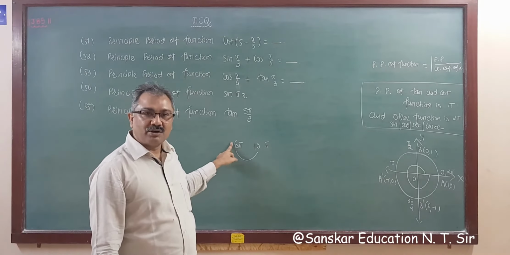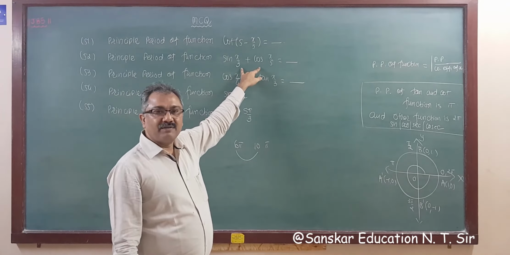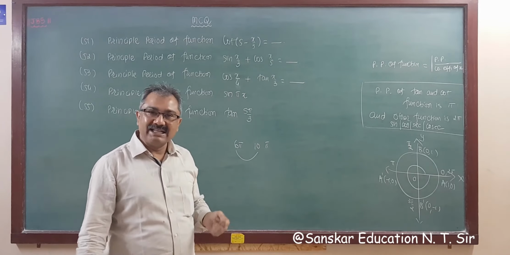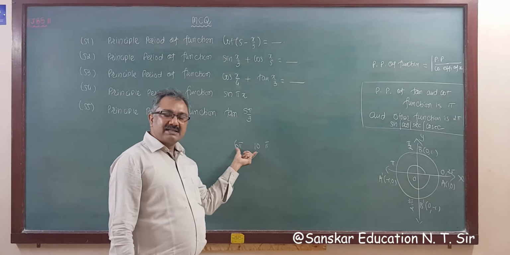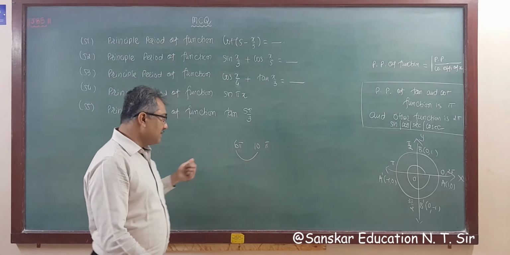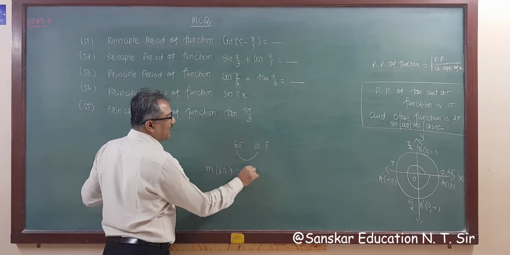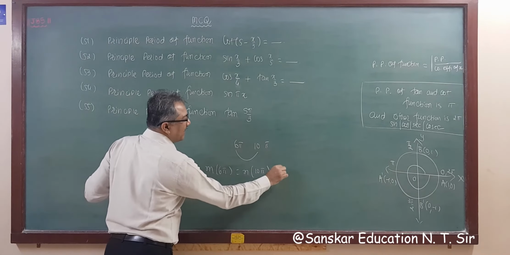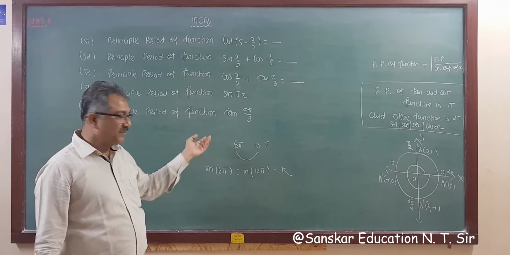So this is another shortcut method to find the principal period when more than one function is given in addition, right? Because we did it like this, m into 6π is equal to n into 10π is equal to k. This is our formula as we did in the previous example, right?